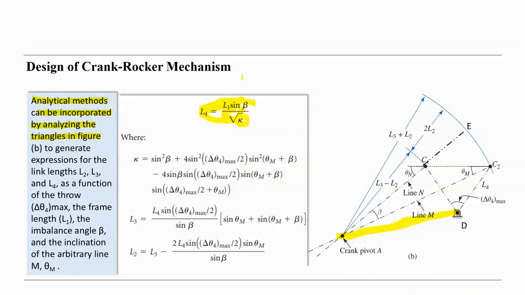Beta is the imbalance angle, from these geometric relations here, and then we calculate a factor K4 like this, and then we can calculate L3 and L2 and so on. This is the analytic way. We are using trigonometry and the geometric relations in this figure.